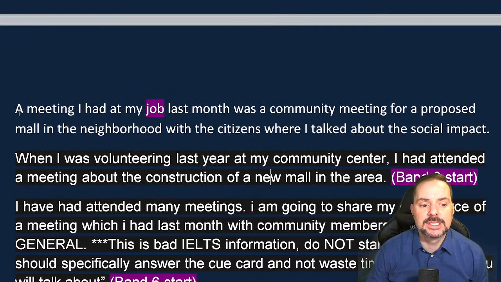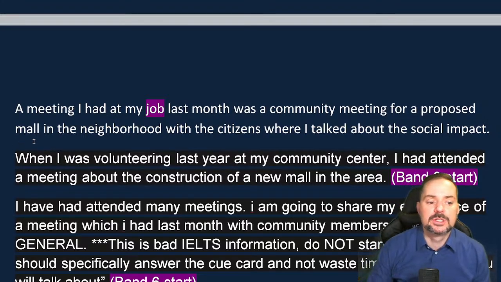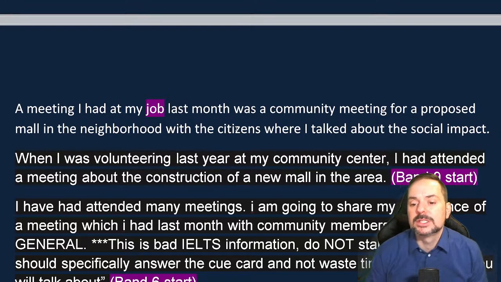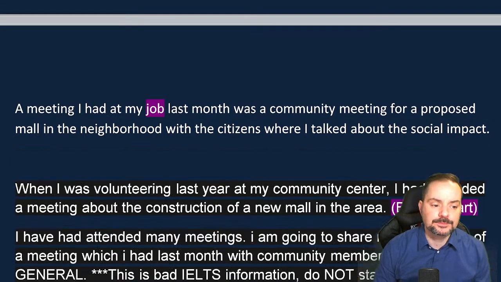Now I'm writing my first sentence, and I write down: a meeting I had at my job last month was a community meeting that proposed a mall in the neighborhood with the citizens, and I talked about the social impact. So then I keep going with my notes.